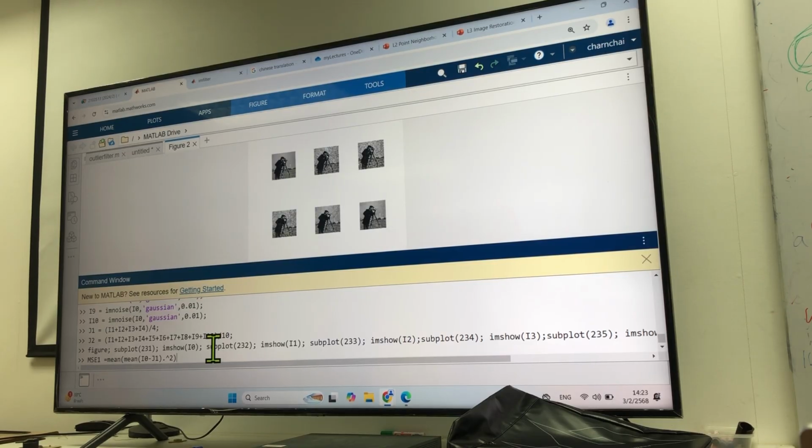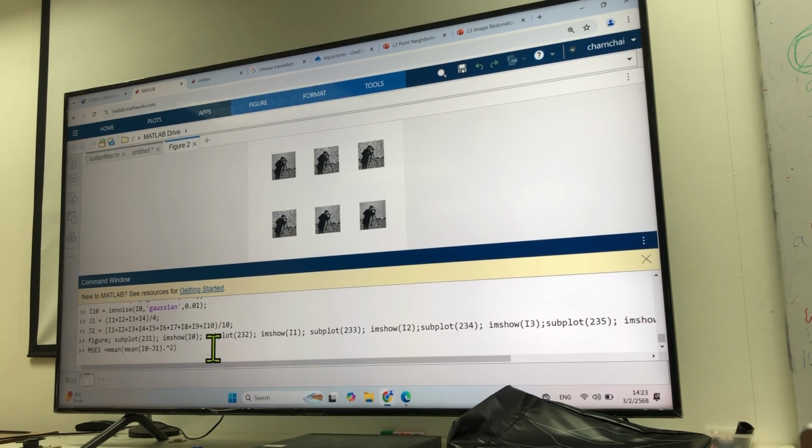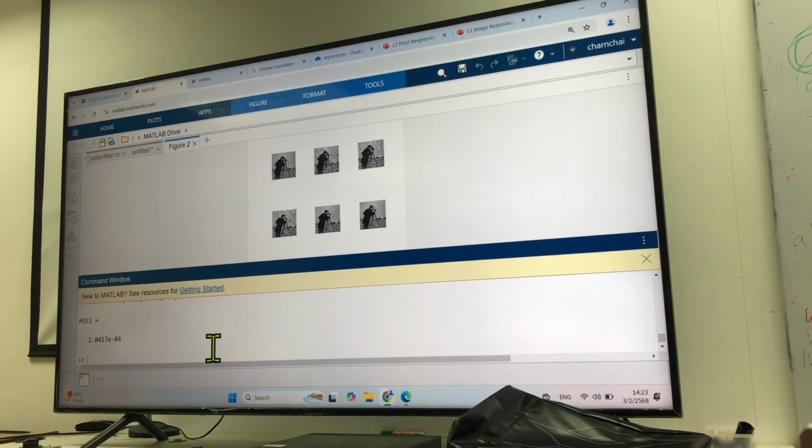Okay, MSE1 is mean and mean of I0 minus J1 dot square. You can see the first MSE is 2.04 times 10 to the negative 4.